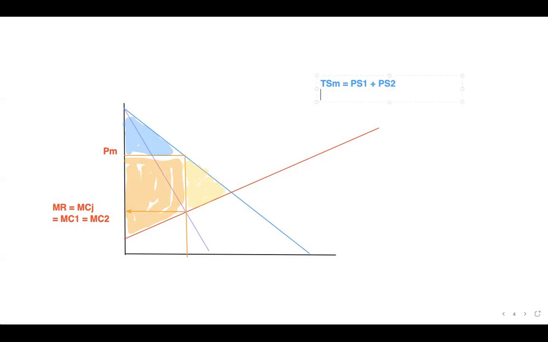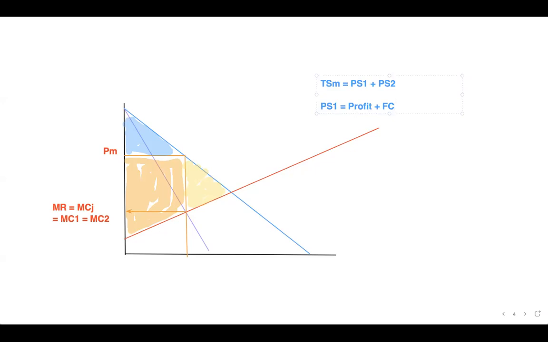It turns out that the producer surplus for any firm, but I'll just say for firm 1 here, is its profit plus the fixed cost for that firm. So producer surplus is higher than profit, and the difference between the two is the amount of the fixed cost.